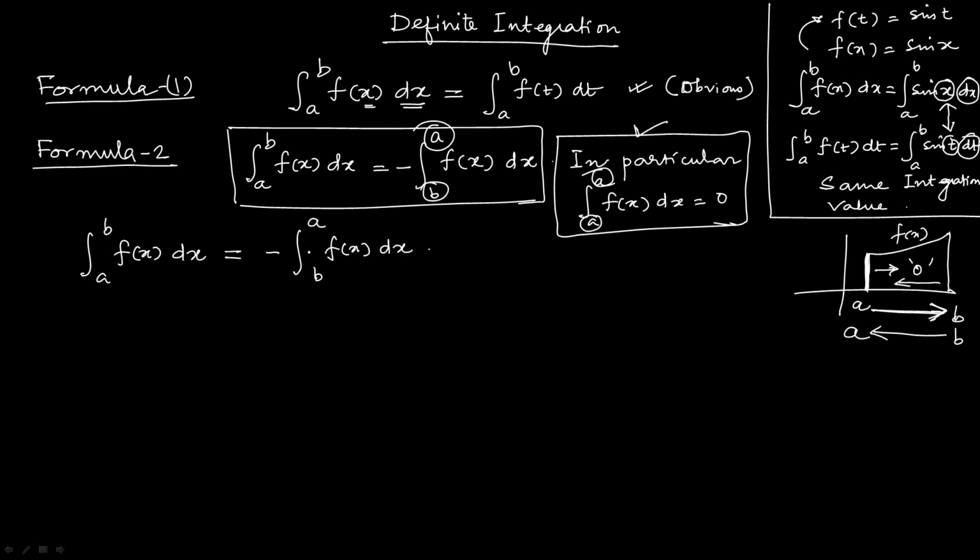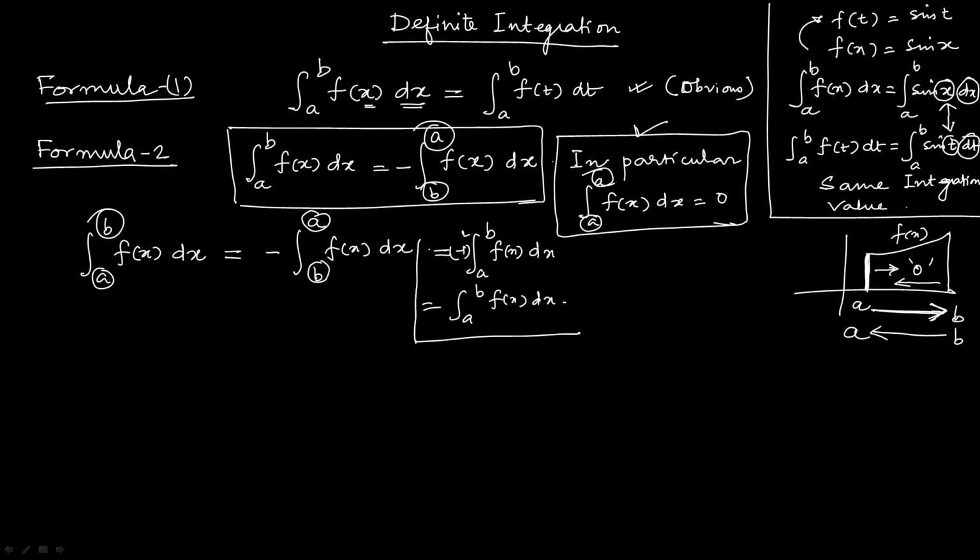Just remember that when these two limits are interchanged, a negative sign will come, and if you change them again, it will be (-1)^2, so this leads you to the integral a to b f(x) dx again. This is very obvious: interchanging the upper limit and lower limit always gives a minus sign.